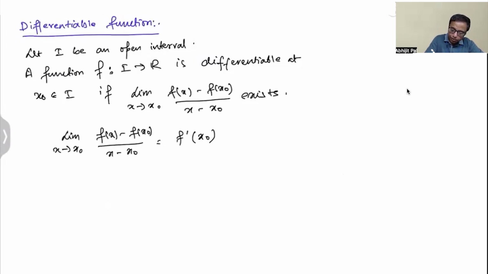Now we say a curve is differentiable. Let me write differentiable curve.